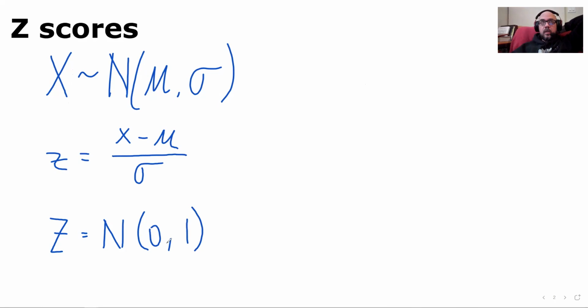This used to be a super common thing to do in statistics, and frankly, it still is, but it used to be more common because there were tables and other things published that told you important values in the Z distribution, but not for every X distribution, right? So if X has a mean of 10 and standard deviation of 5, we don't know what the various critical values are, right?